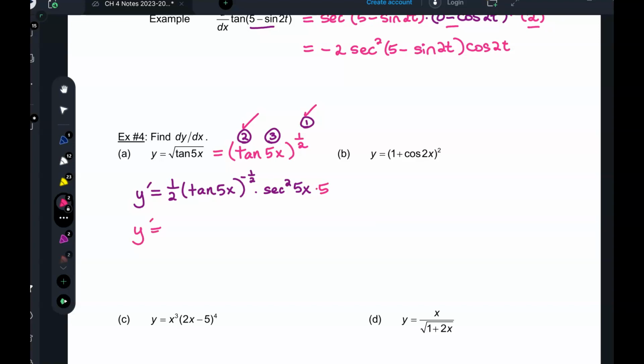So I'm just going to make this, leaving everything with positive up here and moving the 2 and the negative 1/2, putting that in the denominator.